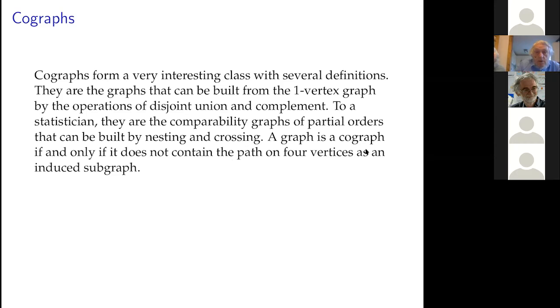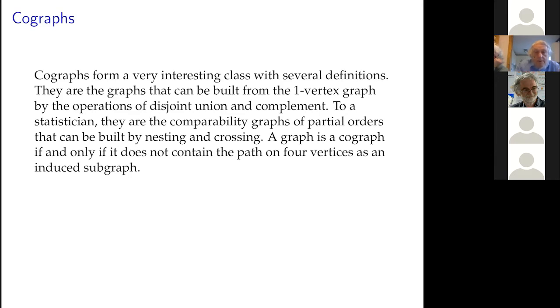A graph is a cograph if and only if it doesn't contain the path on 4 vertices as an induced subgraph. And the final characterization that I don't think I wrote down is that if you're a cograph, either you're disconnected or your complement is disconnected. So there's a kind of tree-like structure for these things.